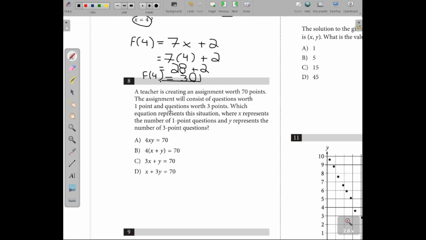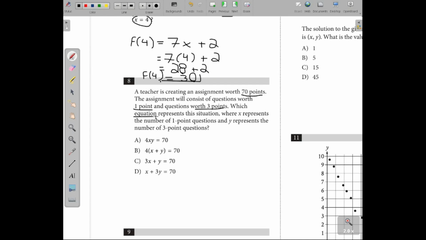Now for number 8. A teacher is creating an assignment worth 70 points. The assignment will consist of questions worth 1 point and questions worth 3 points. We have two kinds of questions. Which equation represents this situation?